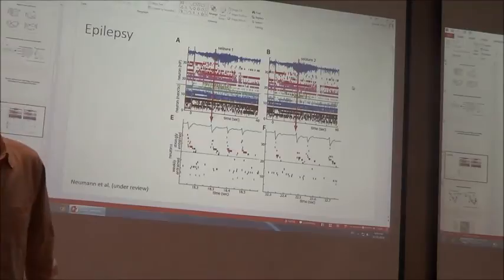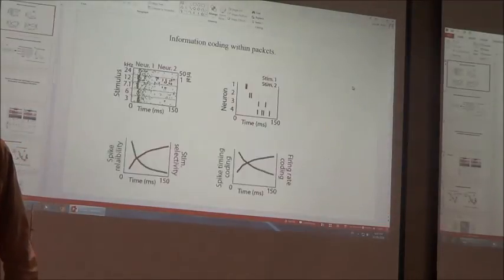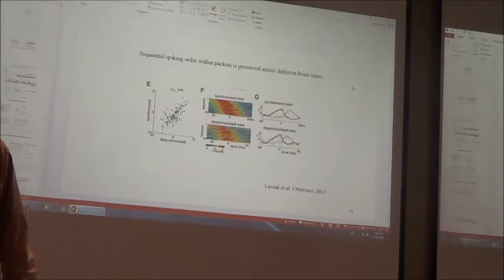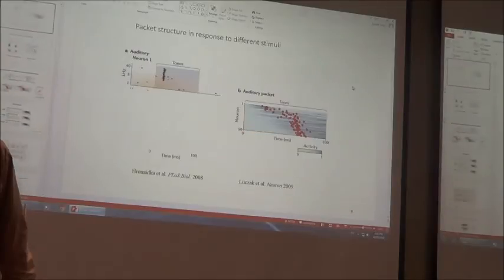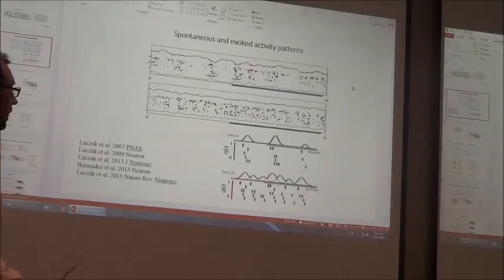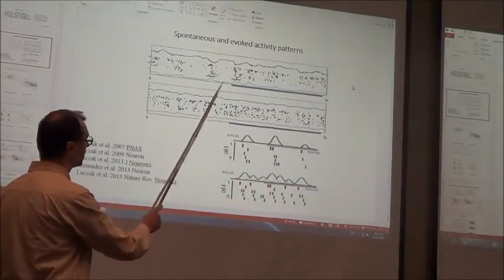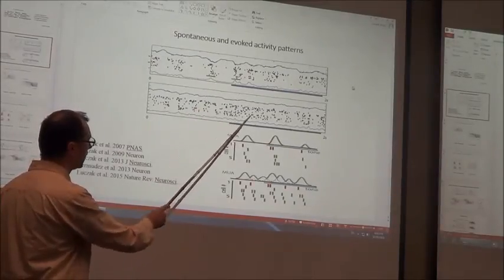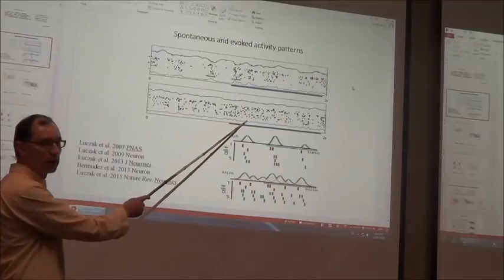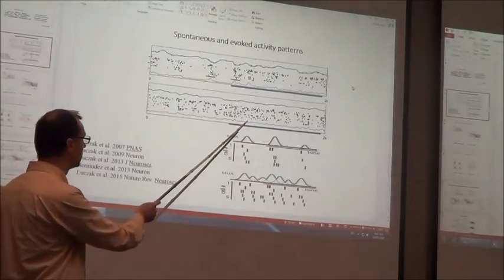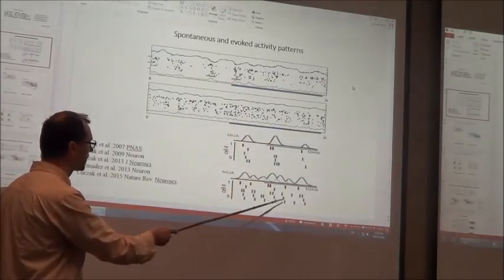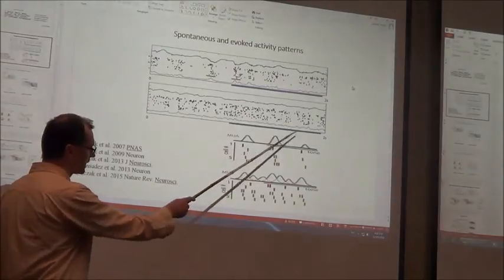But one thing that makes my life difficult is that here it's relatively simple to define where is the beginning and where is the end. Here, it is very difficult to define where is the beginning and end of each packet. And what I was telling you is based on some statistical analysis.